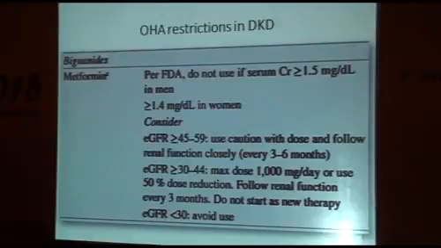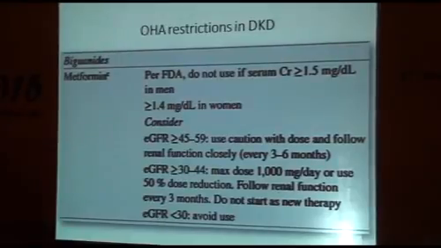Nowadays, monitoring is based upon the estimated GFR, that's glomerular filtration rate. If you use this as a cutoff, it will be a very stringent cutoff that will mean restricting a large section of the population. But nowadays it has become less stringent.